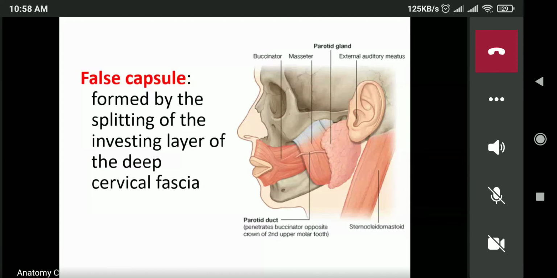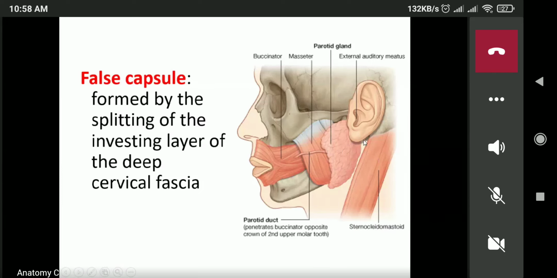Deep cervical fascia means the fascia of the neck region, which splits in two and invests the gland. So that forms the false capsule of the parotid gland. Fascia splits and it encloses the gland to form the false capsule.